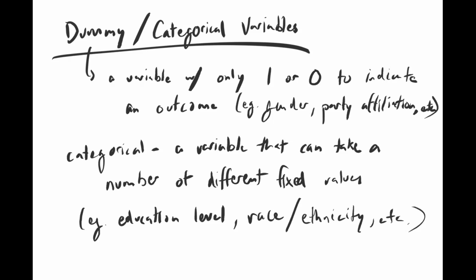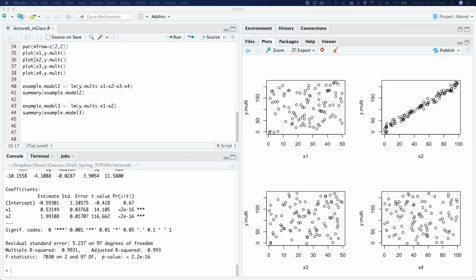The interpretation of these variables is really to do a hands-on look, so that you can get a practical interpretation of how these things work. Okay, so the application of dummy and categorical variables.